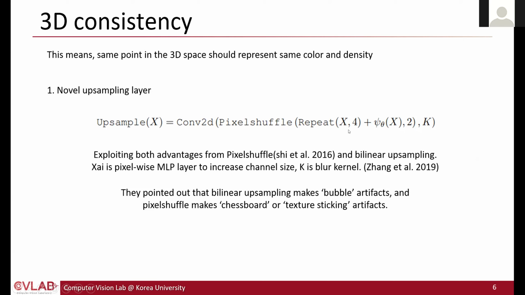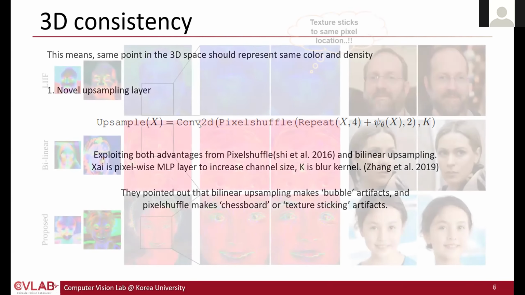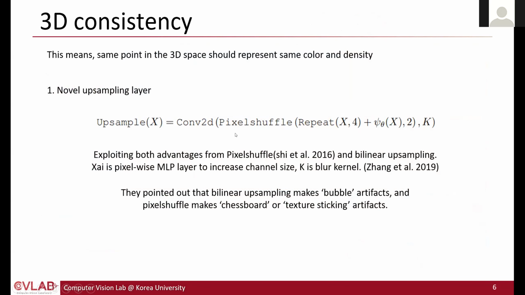In GIRAFFE, they used just two upconv layers, but they used a pixel shuffle layer and another conv layer. They said that using both the conv layer and pixel shuffle helps the model keep 3D consistency.